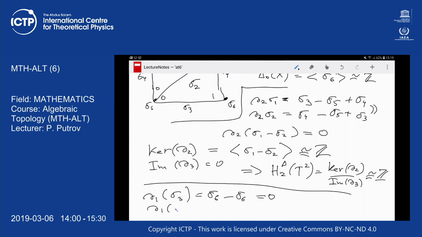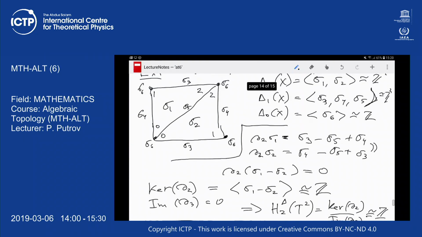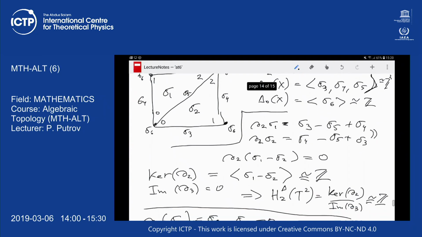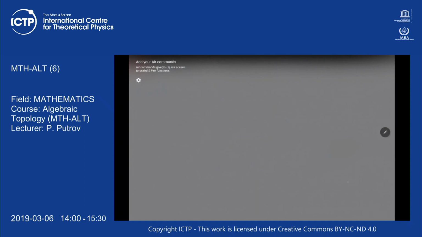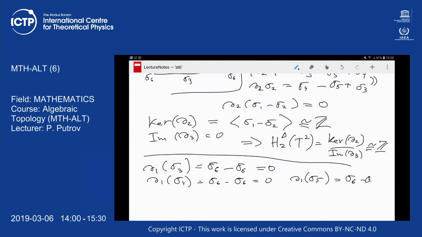The same happens for sigma 4, it will be sigma 6 minus sigma 6, which is 0, and the same for sigma 5. So the kernel of delta 1 is the whole thing, generated by all the 3 generators.